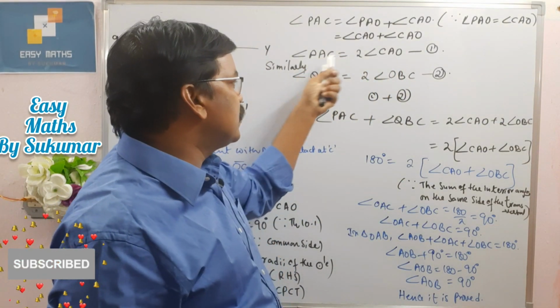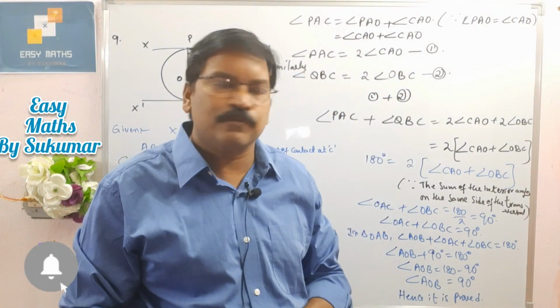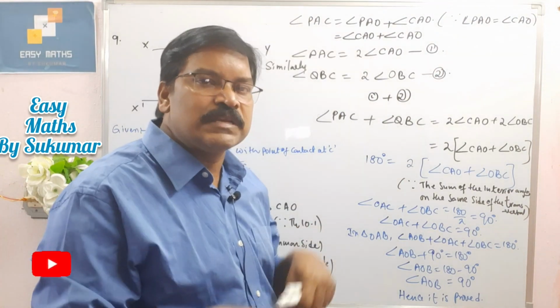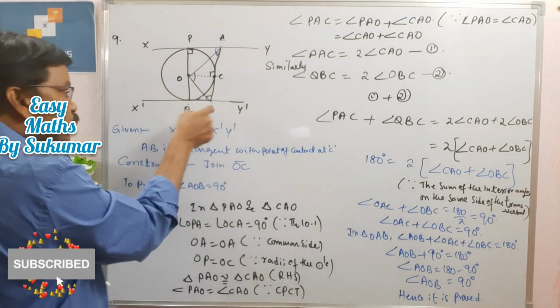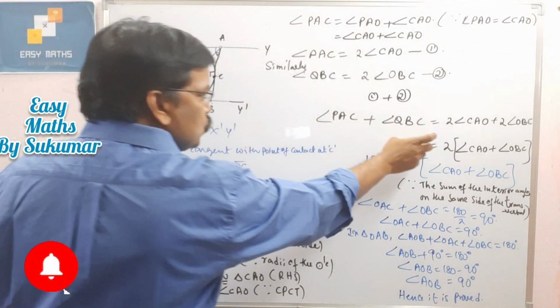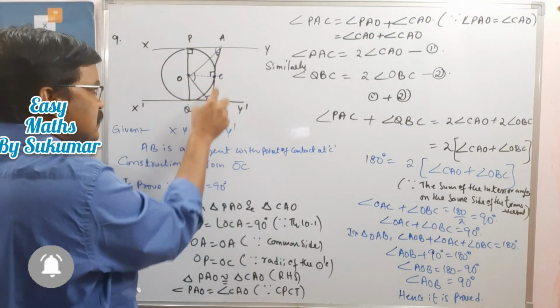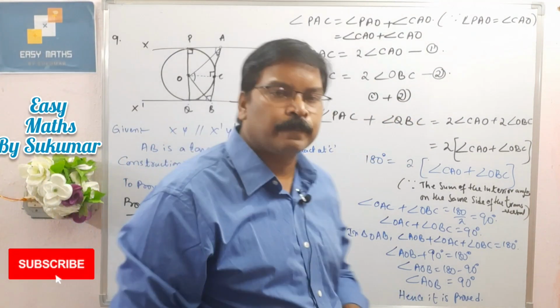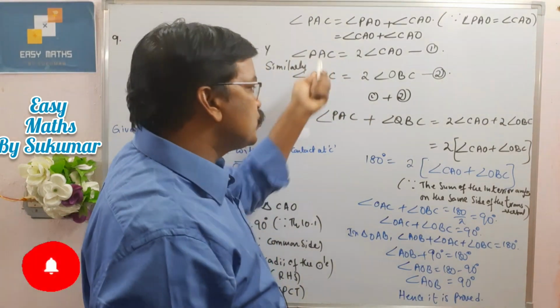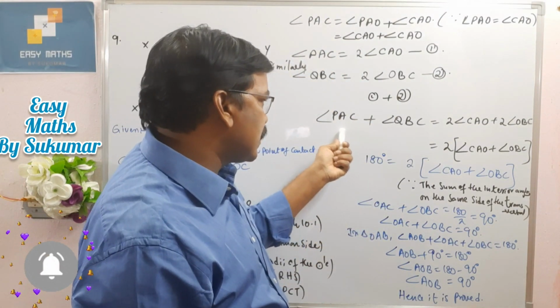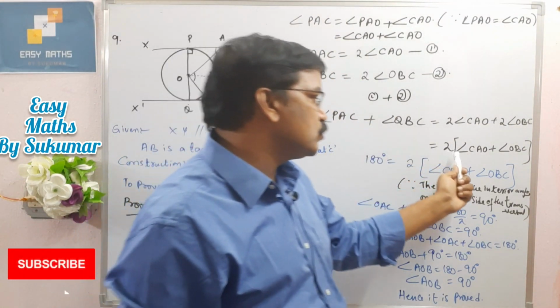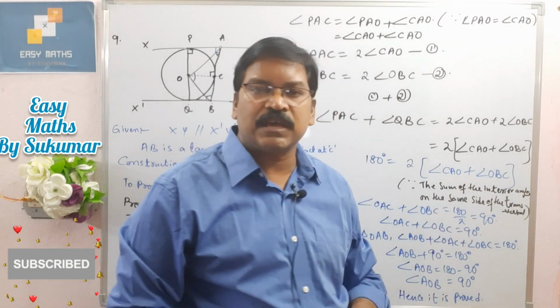That means angle PAC is equal to 2 times angle CAO. So this is equation 1. Similarly, my dear students, angle QBC is equal to 2 times angle OBC or angle OCB. Just by adding these two equations, we will get angle PAC plus angle QBC is equal to 2 of angle CAO plus angle OBC.